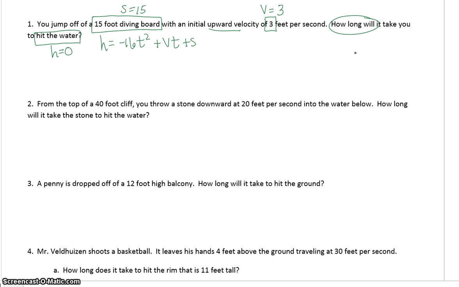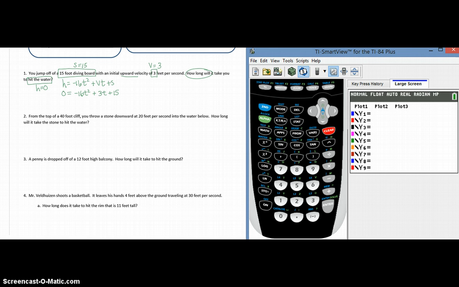So let's plug in. H is your ending height. That's 0. Negative 16t squared, remember we don't know t, plus 3t because our velocity is positive 3, and our starting height was 15. Okay, so this is where we're going to use our graphing calculator.